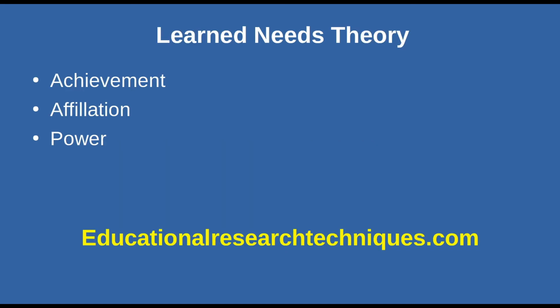So we just want to wrap up by summarizing the three components, if you will, of learned needs theory. And these are achievement, a desire to see progress, a desire to get something done, personal responsibility, etc. Affiliation, a need for relationships and working together. And also power, which is influencing others. All people have these three needs, but in different amounts.